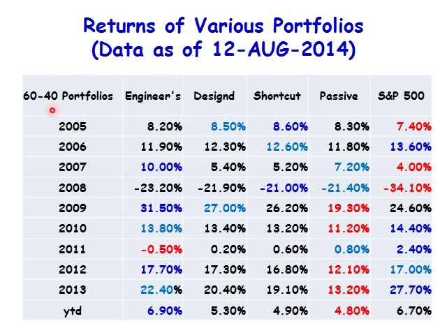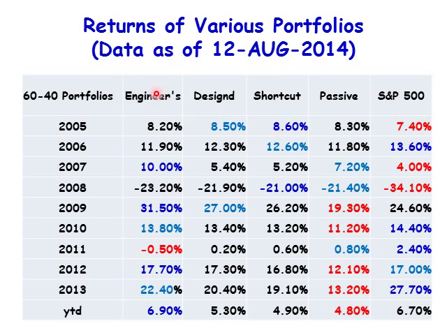Okay, here's the data, year by year, from 2005, 6, 7, 8, 9, 10, 11, 12. This is the engineer's portfolio, this is the design portfolio in class, this is the shortcut portfolio, this is the passive portfolio, and Standard and Poor's. In 2005, the shortcut portfolio had the best return.